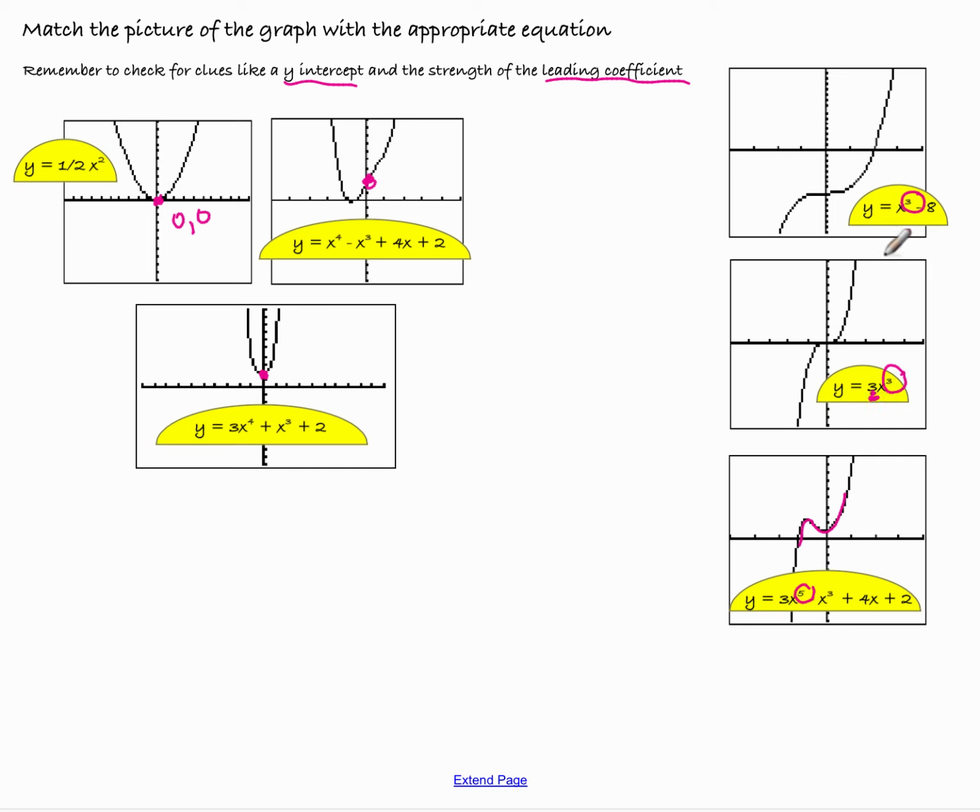Look at their leading coefficients. This has a leading coefficient of 1. This has a leading coefficient of 3. So think about you holding the end of these graphs and tugging. And that's why this second graph right here is more narrow than this first graph, because we have a tugging of 3 going on.